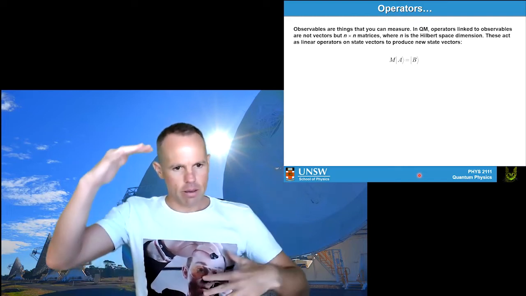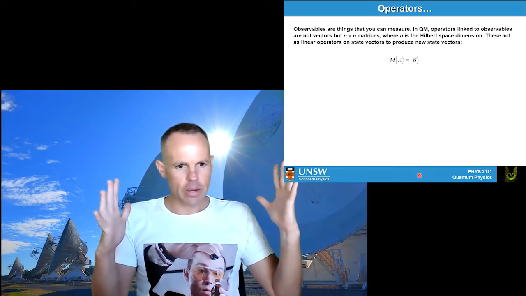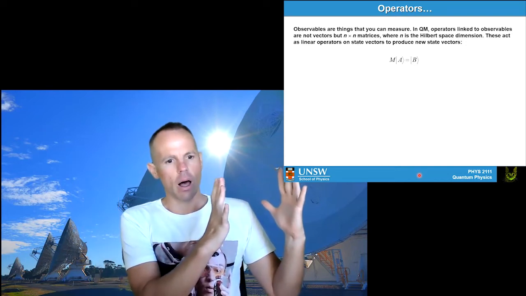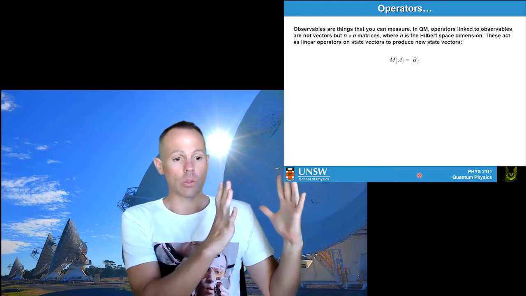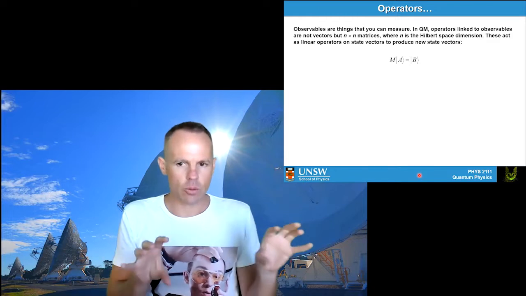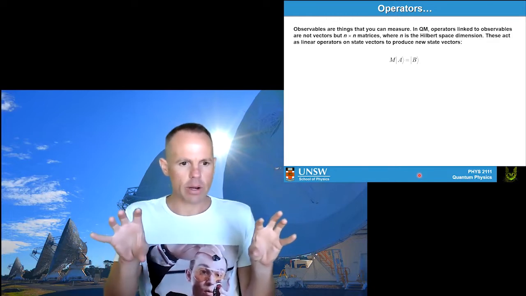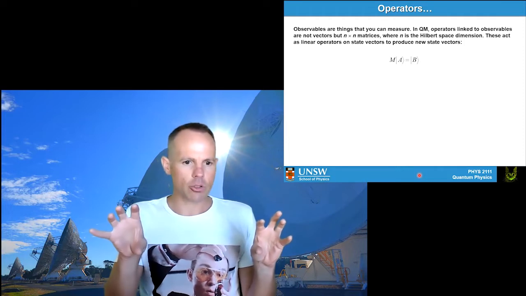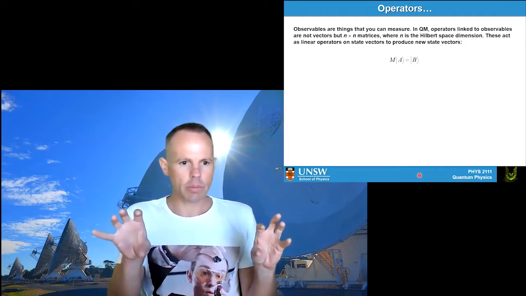There's a big class of operators in quantum mechanics, and some small subset of those are all linked to observables. Everything that you can observe as an outcome for your quantum mechanical system will have an operator attached to it, and that operator will be an n by n matrix where n is the Hilbert space dimension.